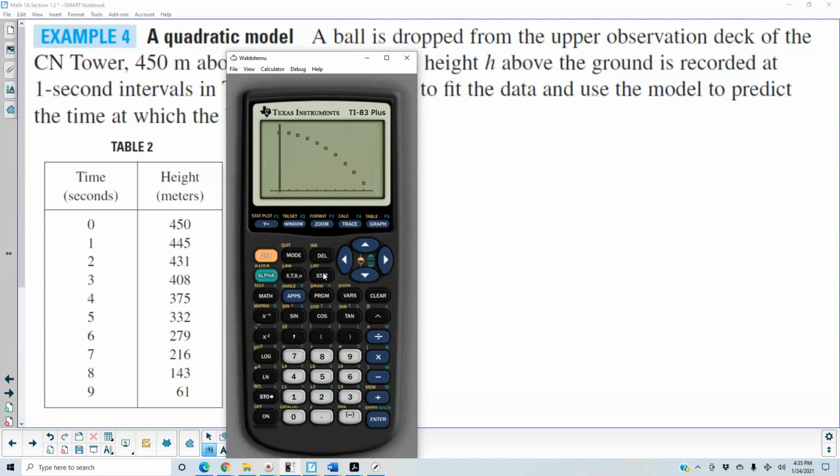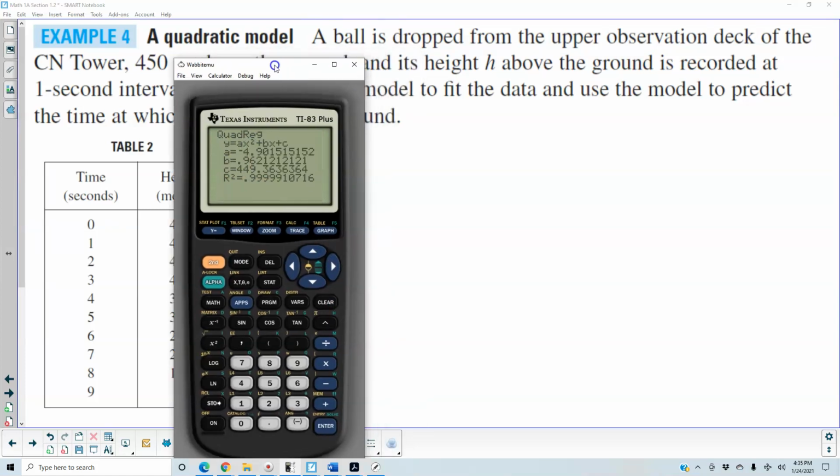So let's hit Stat, and then go to Calc. Since we know that it's a quadratic function by looking at the graph, we're going to go down to number 5, QuadReg, and then select Enter. And so now we have our quadratic regression.